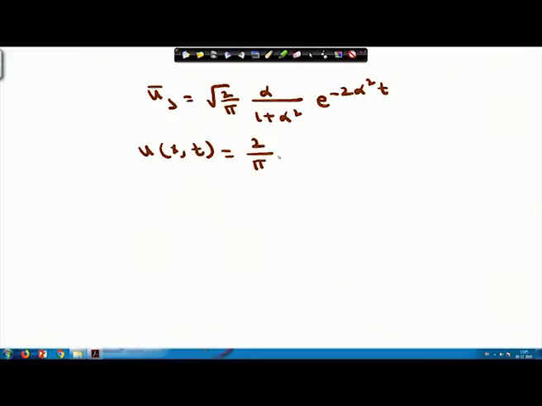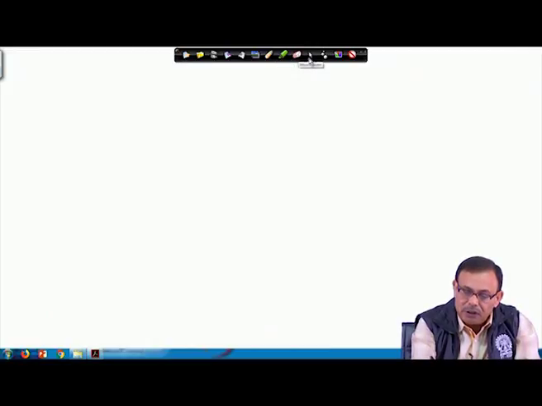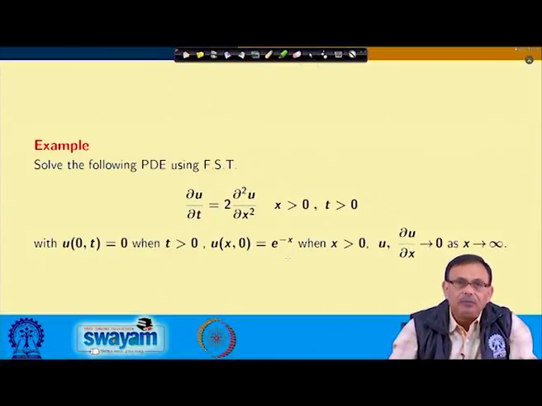U x t will be 2 by pi, integral from 0 to infinity of alpha sine of alpha x by 1 plus alpha square into e power minus twice alpha square t d alpha, and you can evaluate this integral on your own. So, just let us check it quickly.